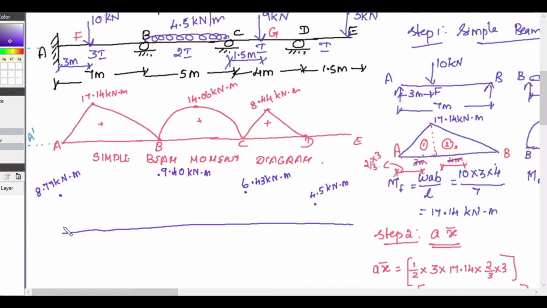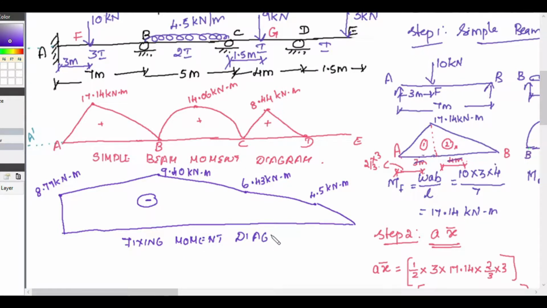So at B it is 9.4, at C it is 6.43, at D it is 4.5. Here at E it will be 0, right? So this will be our fixing moment diagram and all these are negative. So this is called the fixing moment diagram.